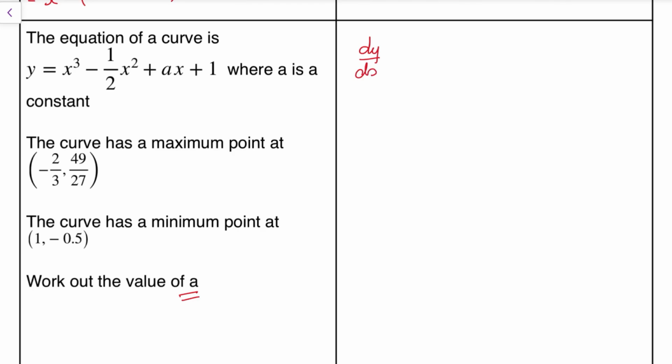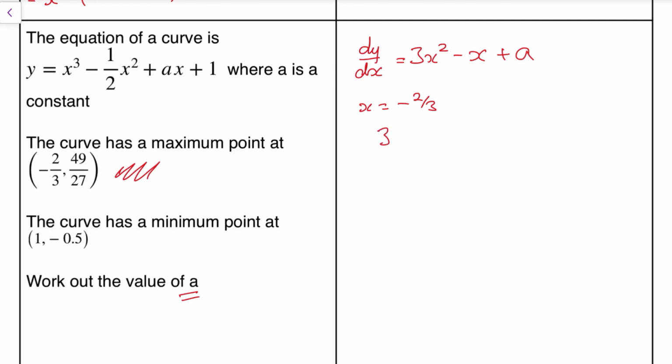So let's differentiate first. If I differentiate, that's going to give me 3x squared minus x plus a. If we use this first point here, that means that x equals minus 2/3. Well, remember, if it's a maximum point, it means that dy/dx is equal to 0.